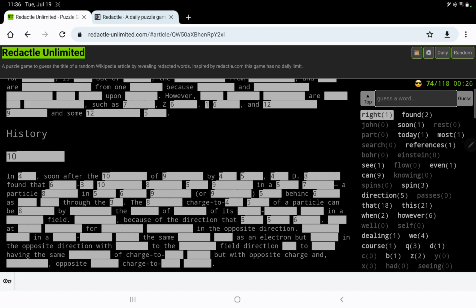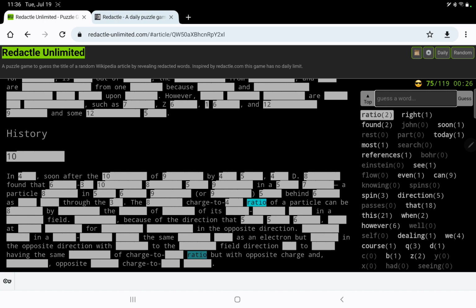Bill? Is there a physicist called Bill? Mary D. Higgins? Michael D. The something charged to mass ratio, oops, Russian ratio.